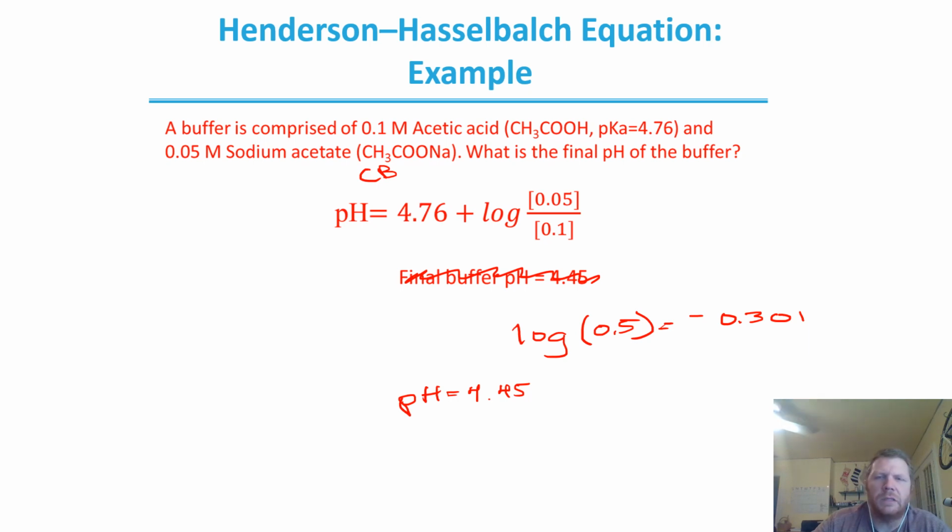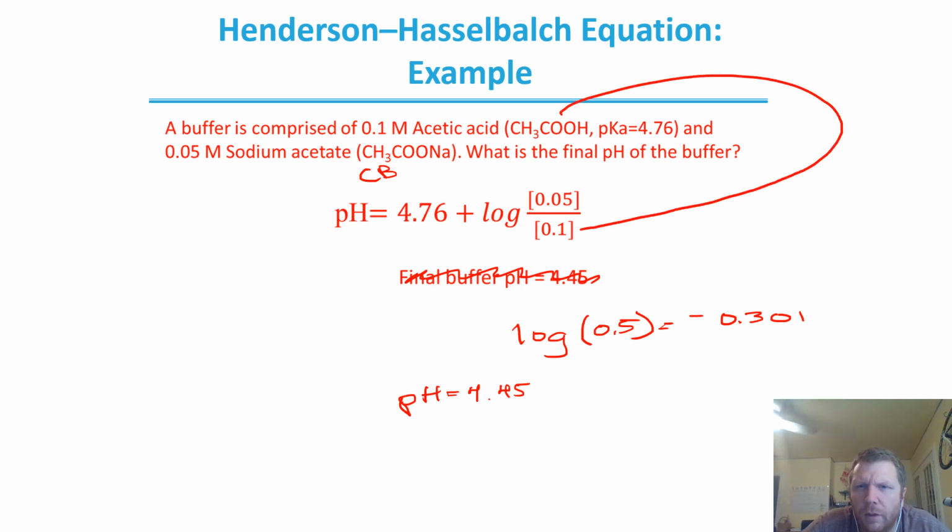Okay, so that's basically all that it is to a Henderson-Hasselbalch equation question. You just have to know the concentrations, and you have to be able to identify those different species. So this right here, that's our protonated form of our acid, and our sodium acetate is our deprotonated form of our acid.